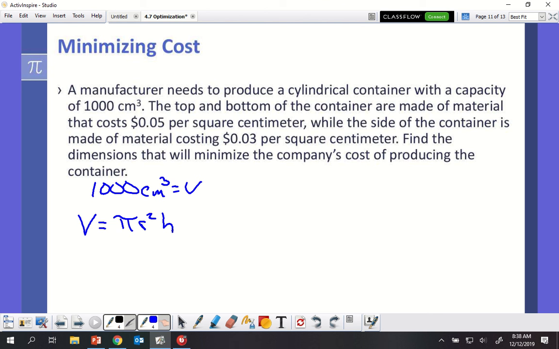So I take the derivative of the area to maximize it, right? Or minimize it. Derivative of the area.